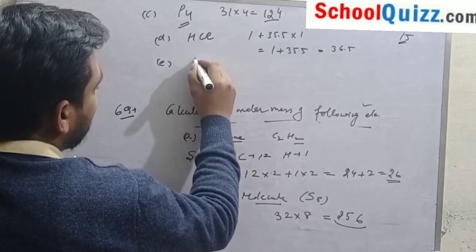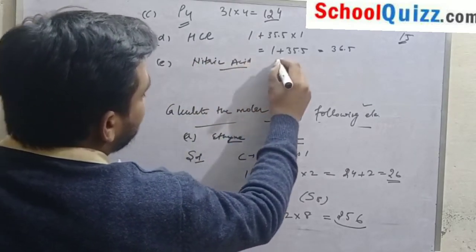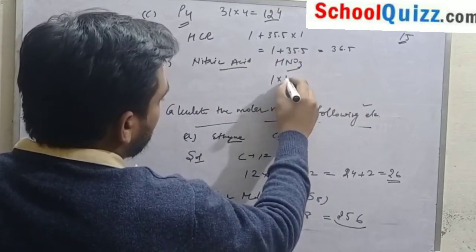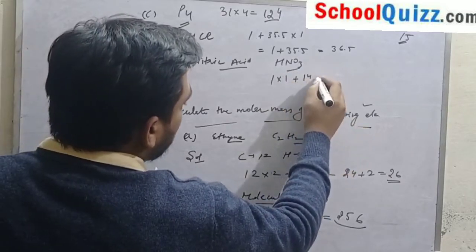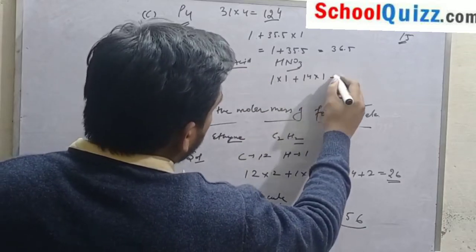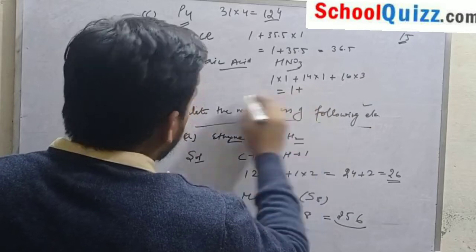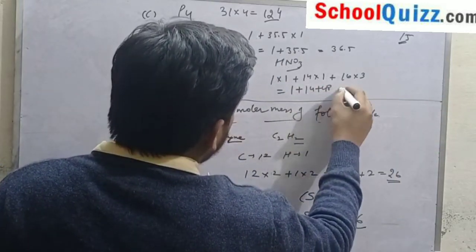The formula of nitric acid is HNO3. So it will be 1 into 1 plus nitrogen's atomic mass 14 into 1 plus oxygen 16 into 3. That is 1 plus 14 plus 48.